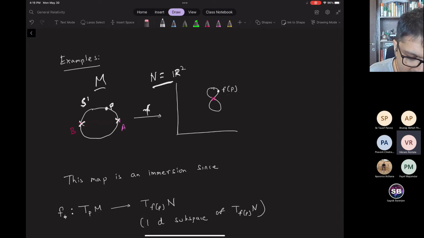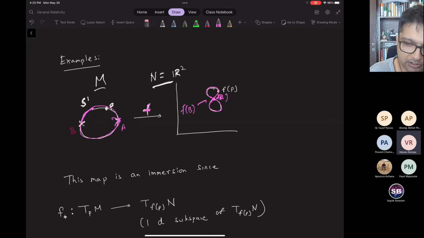You start at A, and A is mapped to this point, F of A. Then as you go around the semicircle, you end up covering this whole circle here, so this point also becomes F of B. Then as you cover the rest of the semicircle, you cover the lower half of this figure 8, and then you come back to A, which brings you back to F of A. So this defines a map.